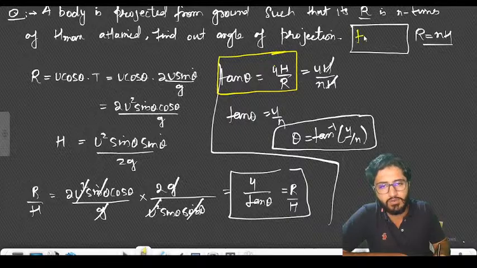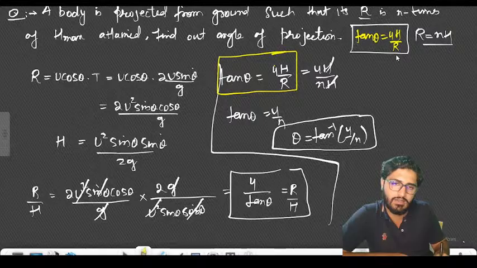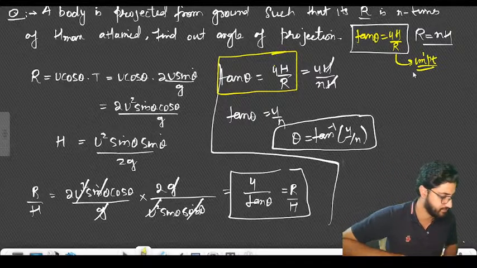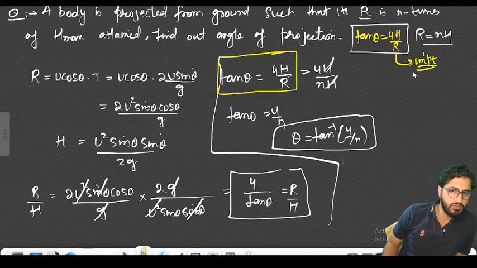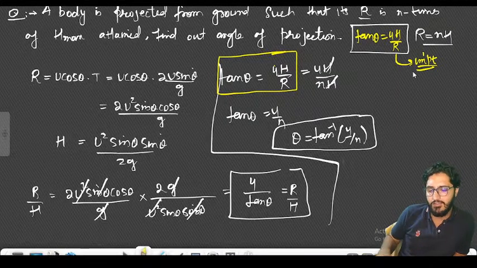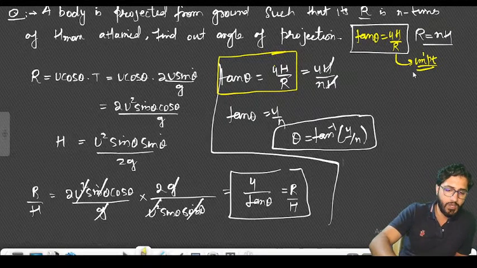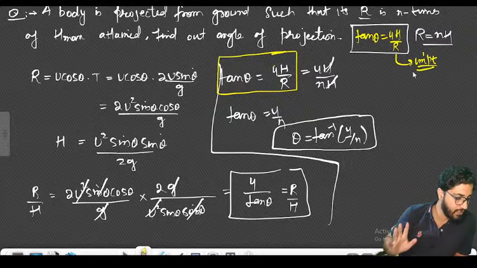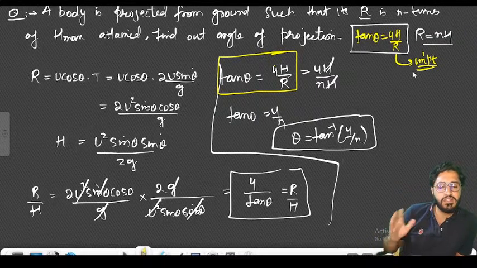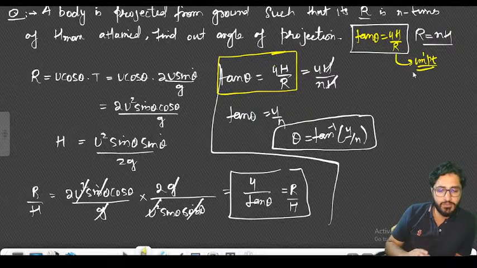But the thing that you need to note down is this much: tan theta equals 4h by r. This one is important, and you need to note down only this expression. Tan theta equals 4h by r. This value is valid every time. I will give you one numerical, and through that numerical you will find how this tan theta equals 4h by r is important.